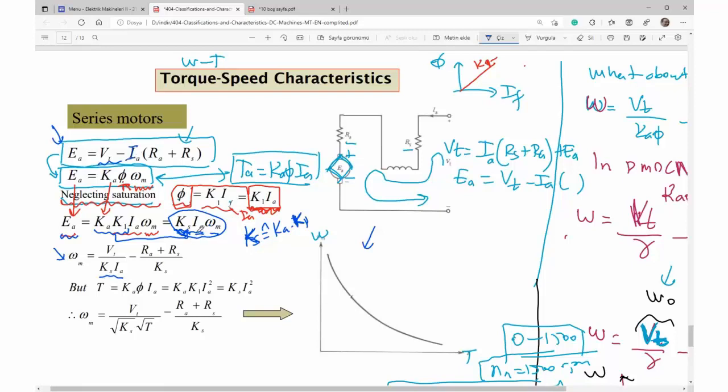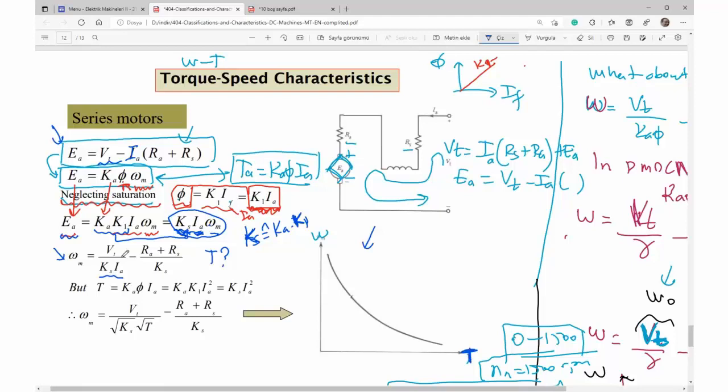Current is eliminated, and then here's only Ks. Houston, in the equation everything looks good, but there is nothing as a function of torque yet. Where is the torque? I want to find the torque relation.